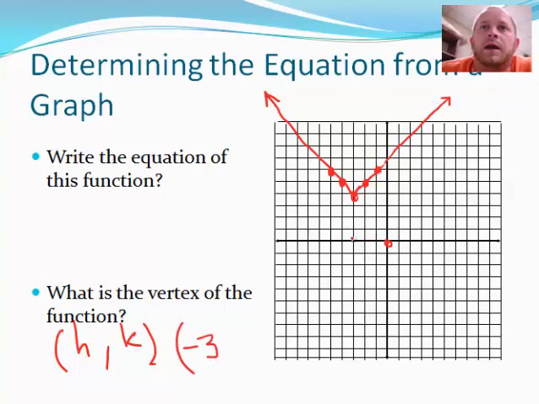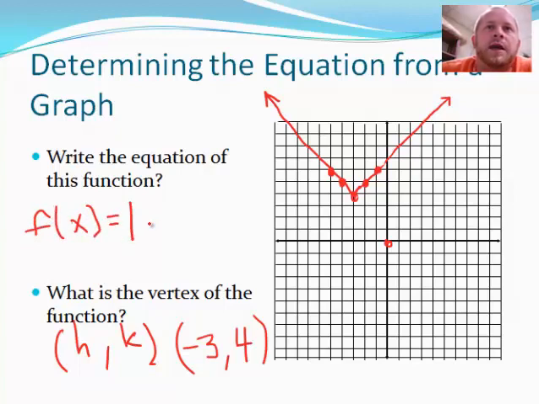Okay? Then I went 4 up. 1, 2, 3, 4. That gives me my K value, or my Y. That's my -3, +4. Okay, that's finding my vertex, which is the point at the bottom of my V, where the two lines are intersecting each other. Now again, now that I have this here with a -3, 4, I can create my equation.